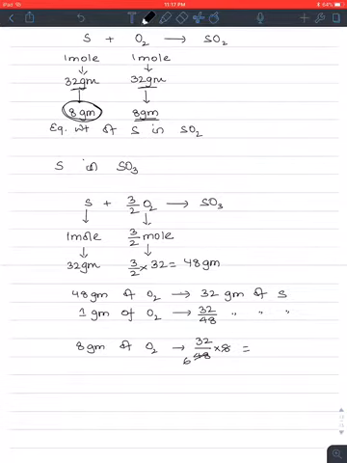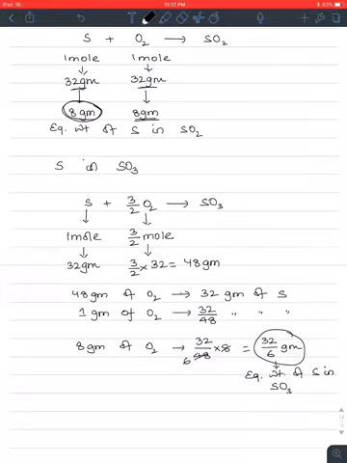On solving this you'll get 32 upon 6 gram. This 32 upon 6 gram is the equivalent weight of sulfur in SO3.